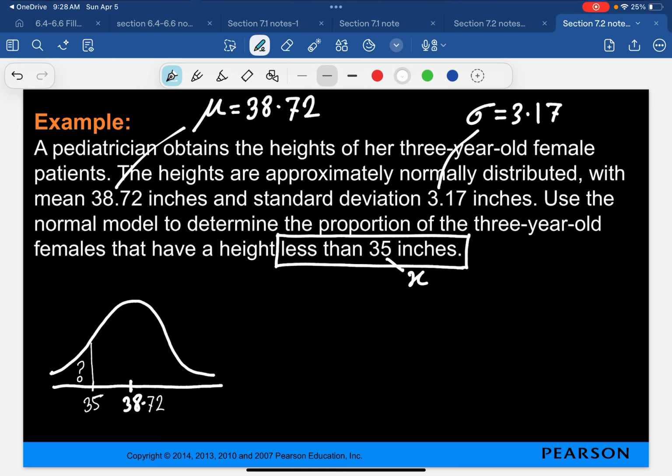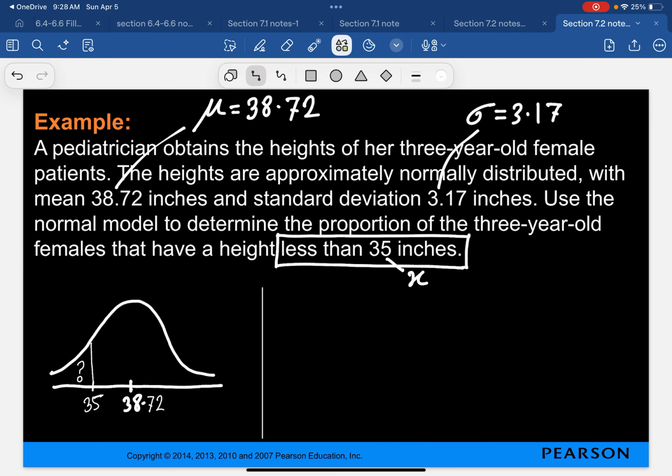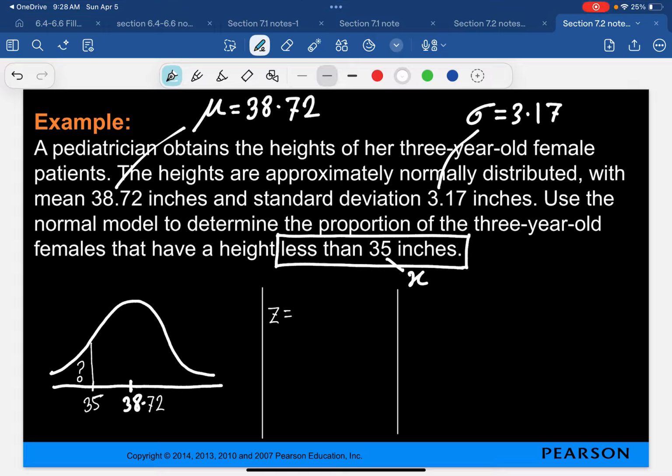Now, we don't know the area for a regular normal distribution, but we know the area for a standard normal distribution from the table. So to use the table, first of all, we need to make the conversion. So let's do the simple conversion over here. z equals x minus mu over sigma.